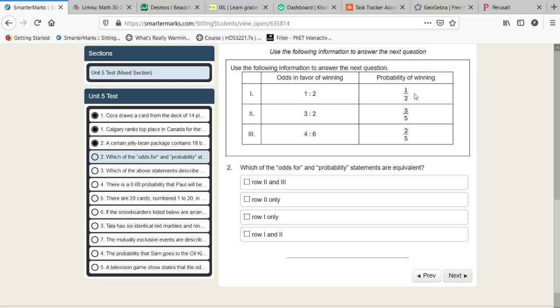So it's not row 1. 3 to 2 is 3 over 3 plus 2, which is 3 over 5. So it is row 2. And this is 4 plus 6, which is 10. So 4 over 10 reduces to 2 over 5. So rows 2 and 3 are equivalent. Any questions about that one?